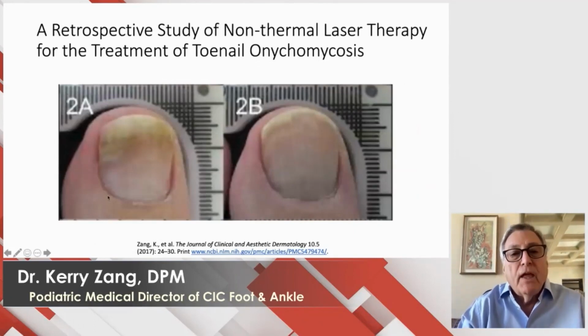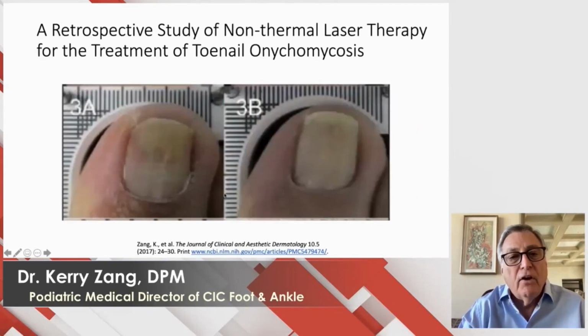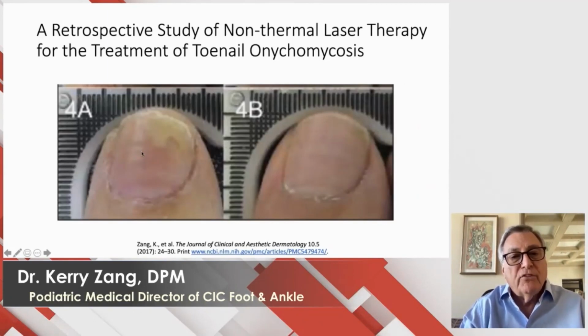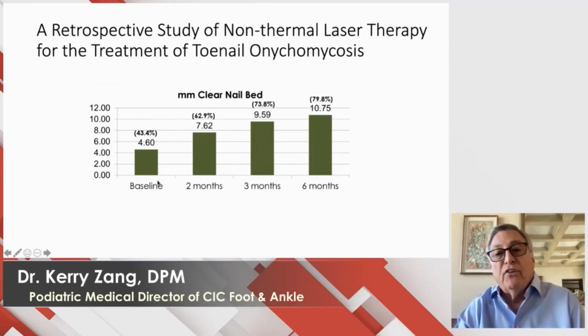So when you look at the nail plate here, you can see the line. This is a laser line. You can see a little bit of line over here, here. Each time we go ahead and administer the laser, you can see the nail becomes thinner as the new nail grows out, and the space is increased.